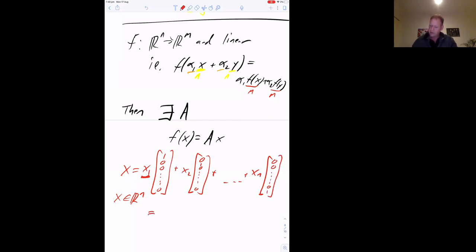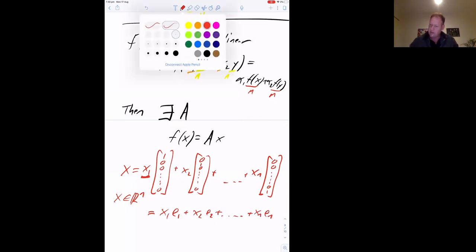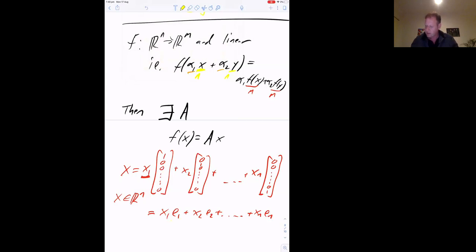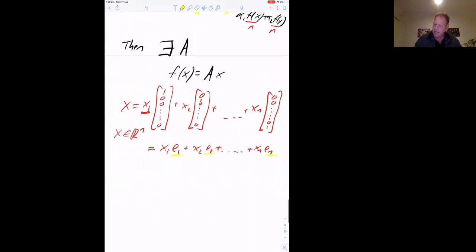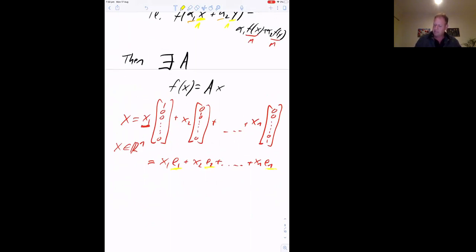This x1 is now the scalar, the first coordinate of x. Or just using the notation that I already spoke about, we'll write x1 times e1 plus x2 times e2 plus xn times en, where these unit vectors are in n-dimensional space.